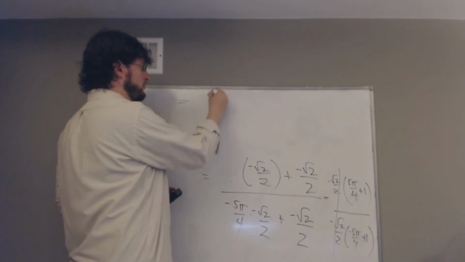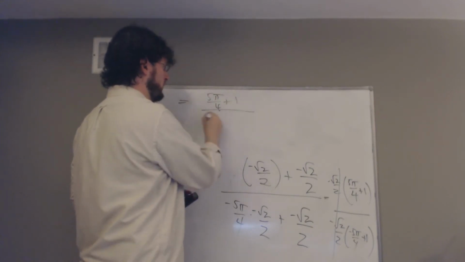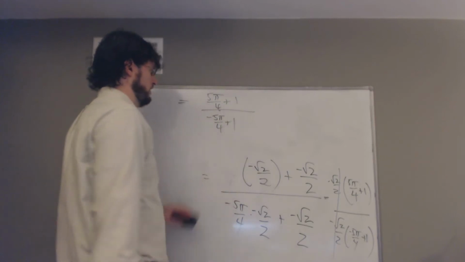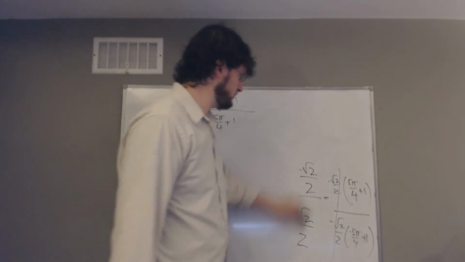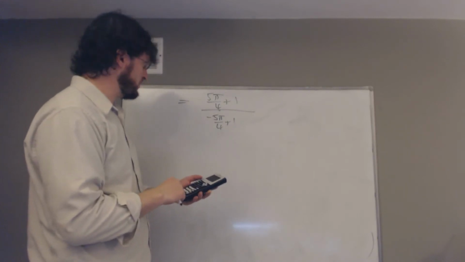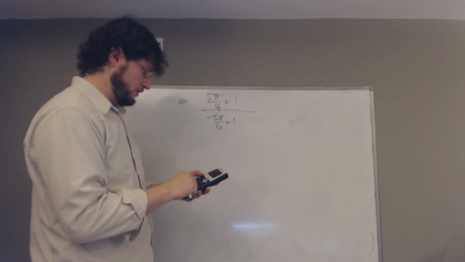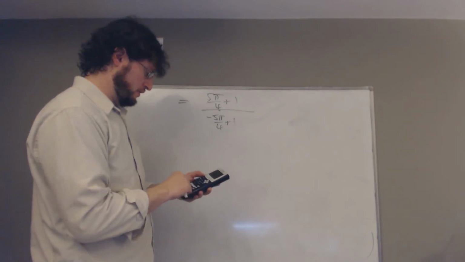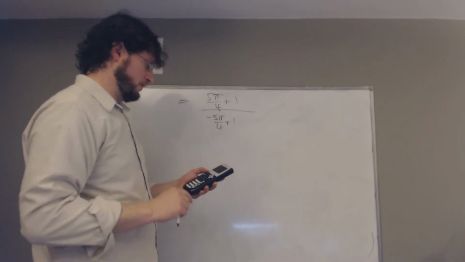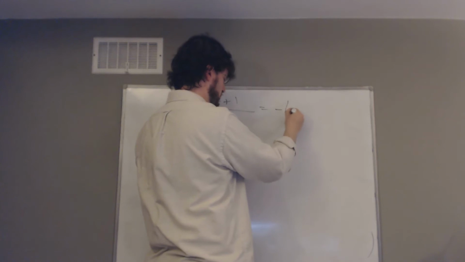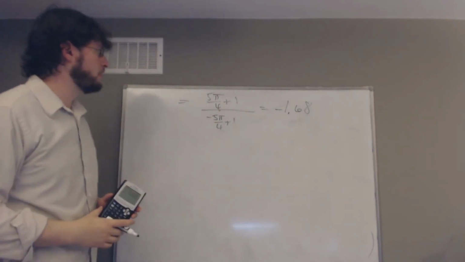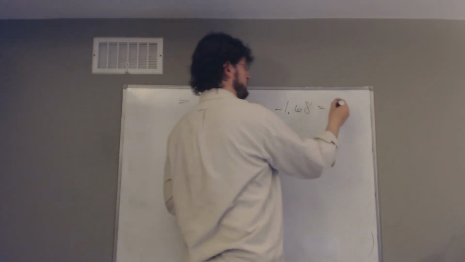So we get 5 pi over 4 plus 1 over negative 5 pi over 4 plus 1. We could do some algebra, but let's just get an approximation for what we've got. So 5 pi over 4 plus 1 divided by that gives us about negative 1.68. So this is our approximate slope of the tangent line.